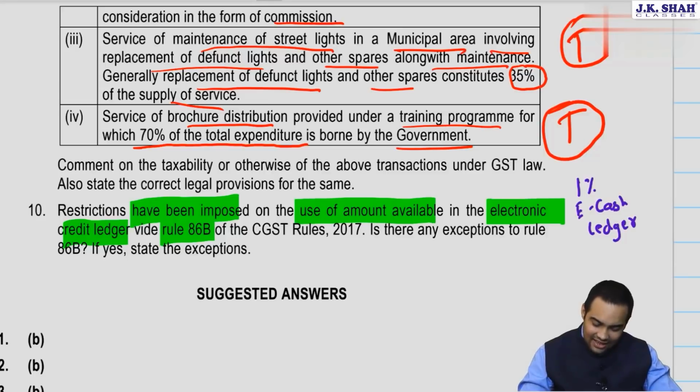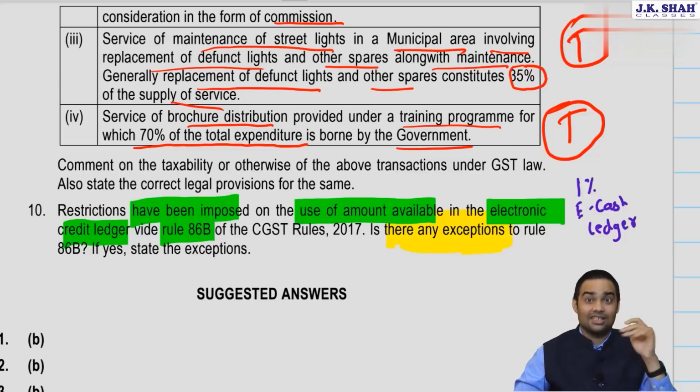Okay. They have asked, is there any exception to this rule? State the exceptions. The answer is yes. Totally 4 exceptions are there. Those 4 exceptions will form part of our answer.